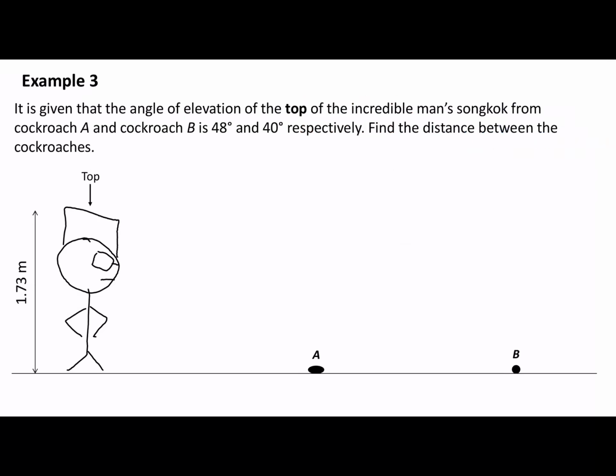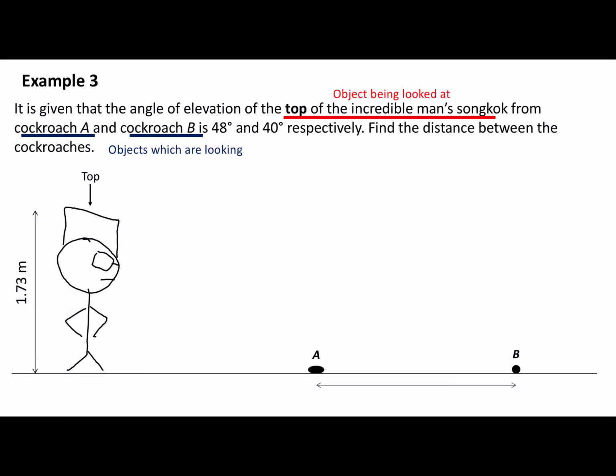Okay, let me show you. First, let me draw the angles of elevation. Okay, as always, identify which is which. Since we want to find the distance between the cockroaches, let's use algebra and let this distance be x.